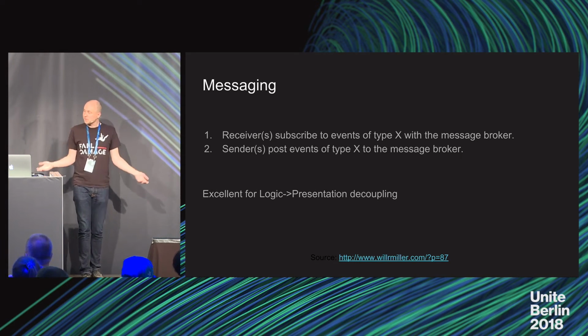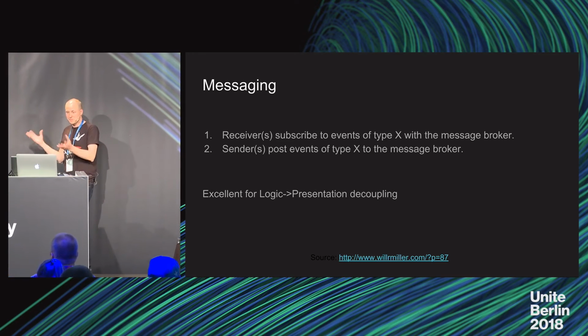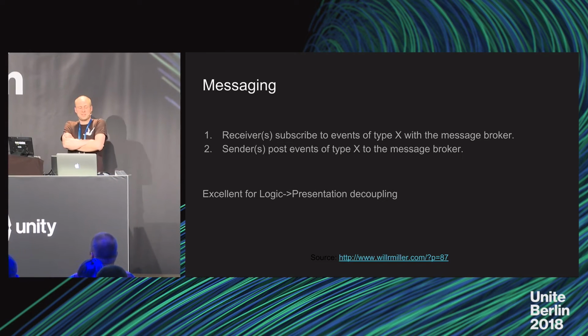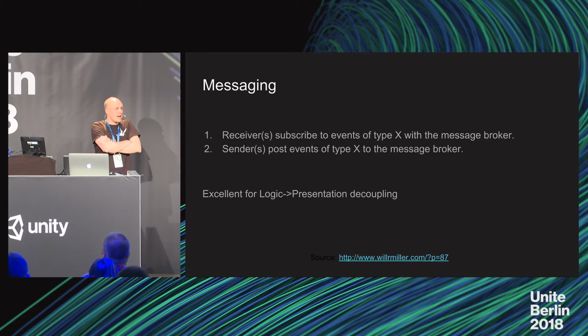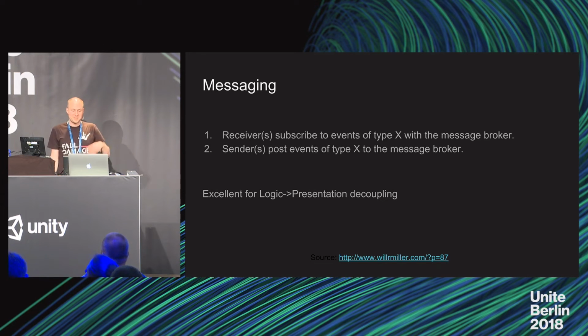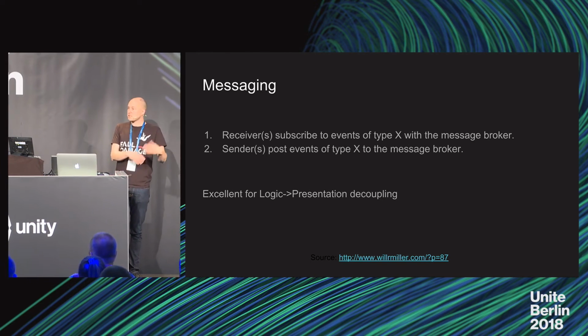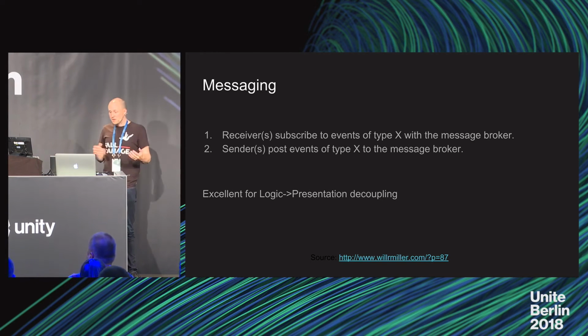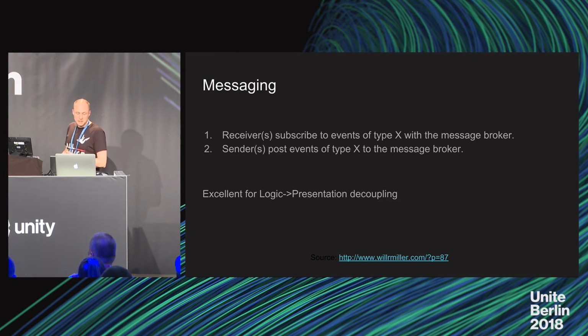So in our example, the scoring presentation is going to subscribe and say, okay, I want to know about any events that have to do with scoring changing. And then the game logic, in various places, is going to post events to the messaging system that indicate, okay, this player gained a point. And this kind of thing is really, really good for decoupling logic from presentation.